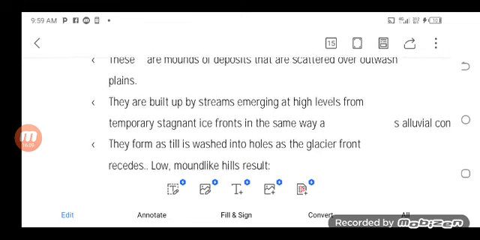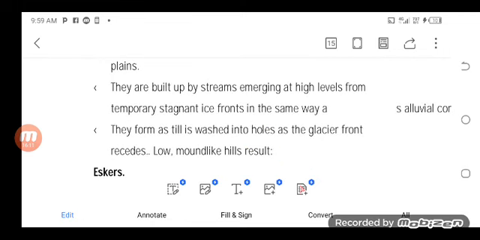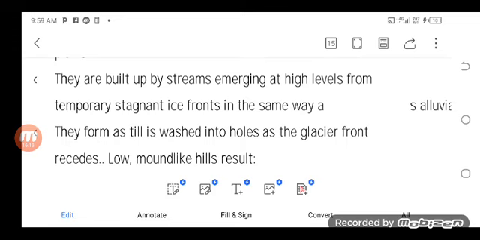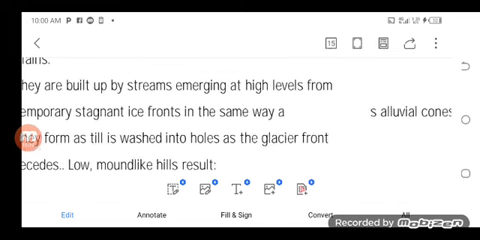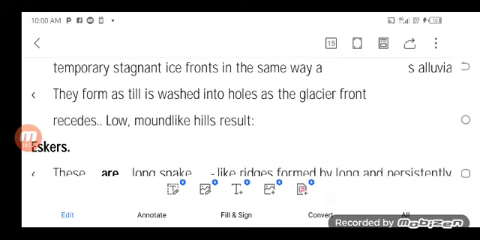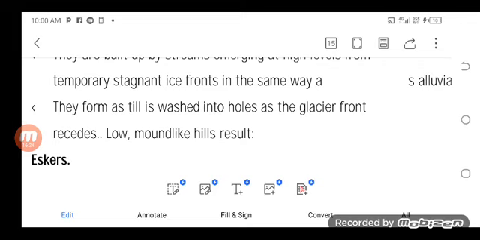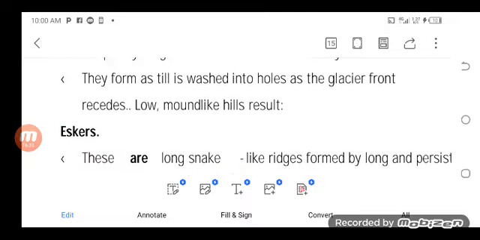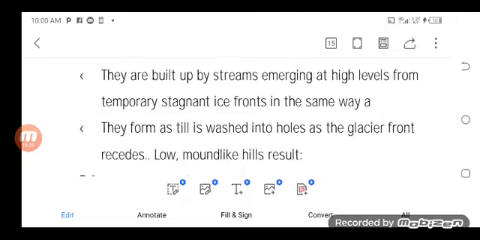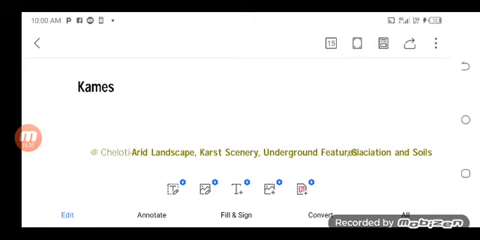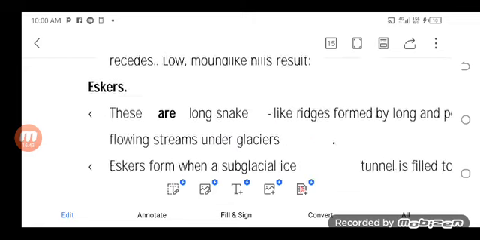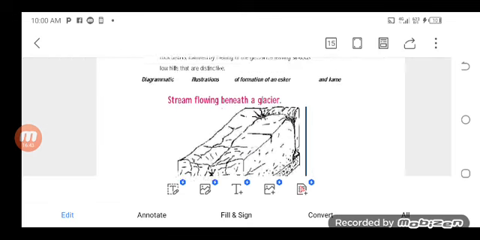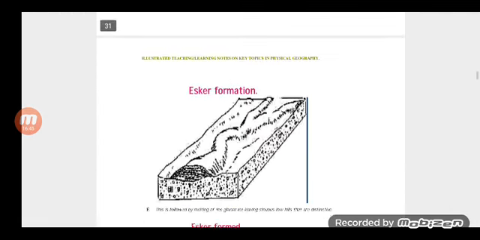So kames are mounds of deposit that are scattered over outwash plains. They are built up by the streams emerging at high levels from temporary stagnant ice fronts in the same way as alluvial cones. They form as sediment is washed into holes as the glacial front recedes. So we have those mound-like hills known as kames.